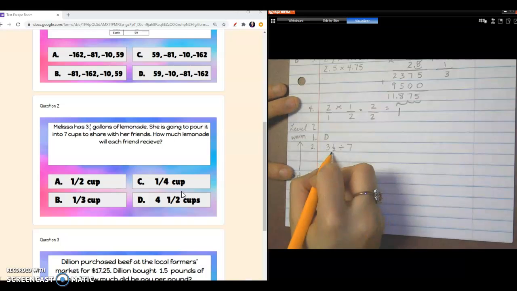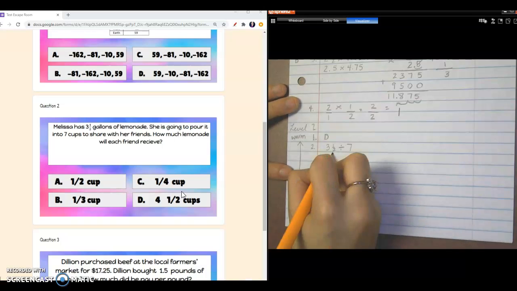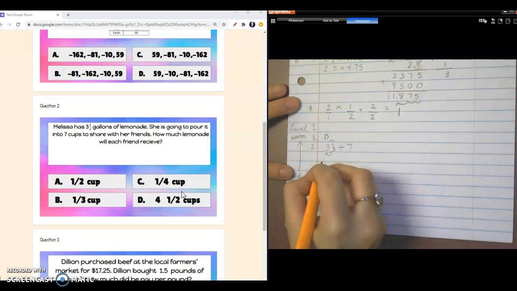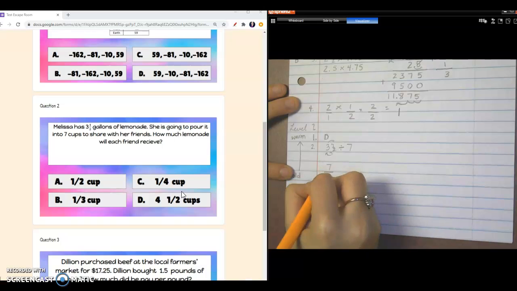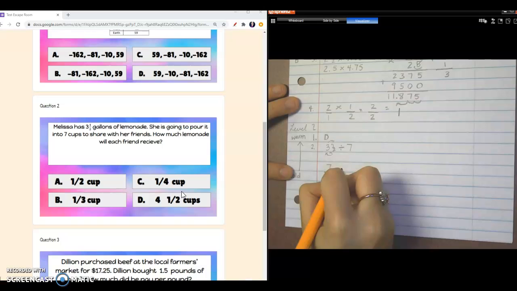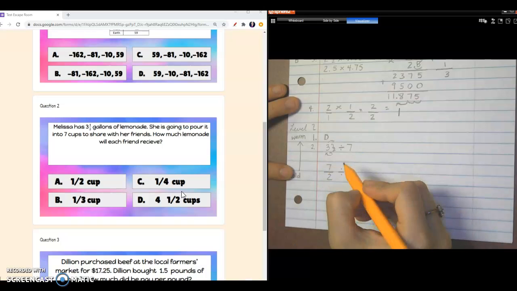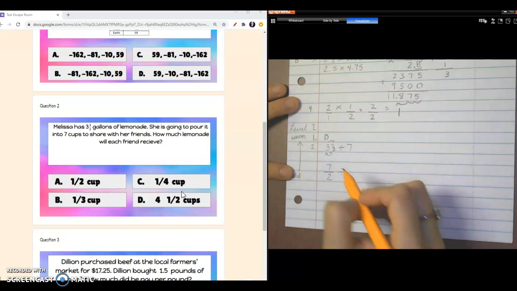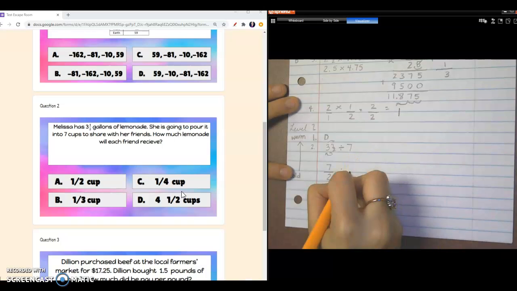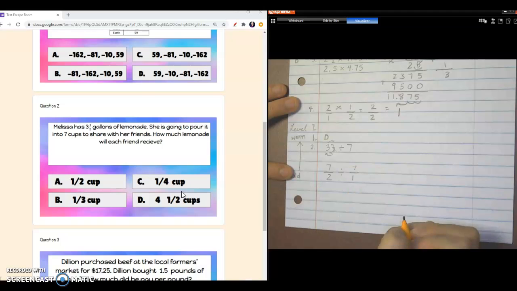So the first number I need to change to improper. So 2 times 3 is 6, plus 1 is 7, so it becomes 7 over 2. My denominator stays the same. Divided by, and notice how I'm rewriting the whole entire problem before I do KCF. Now I need to change 7 to a fraction, and all I need to do is put a 1 underneath.